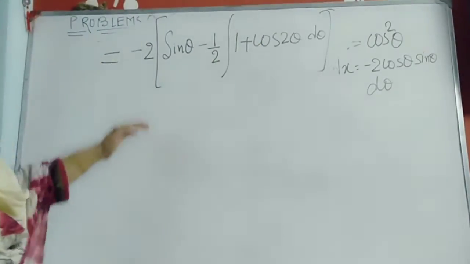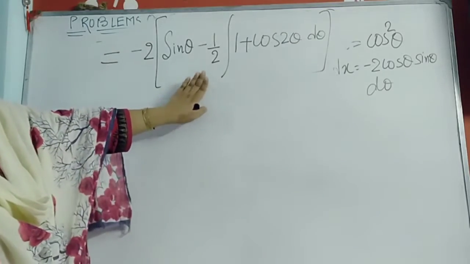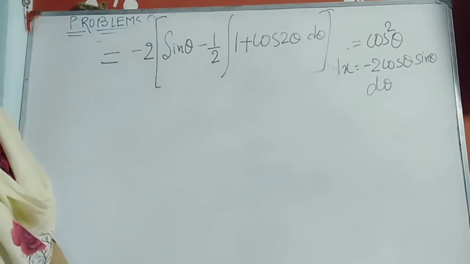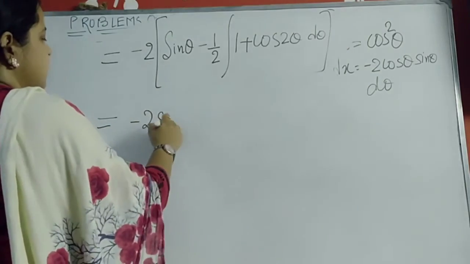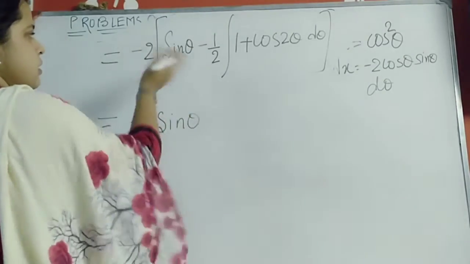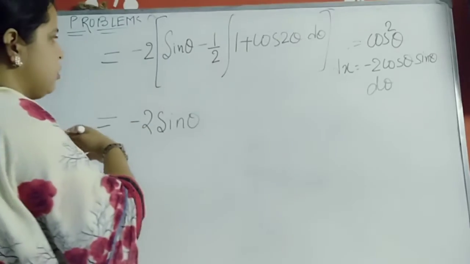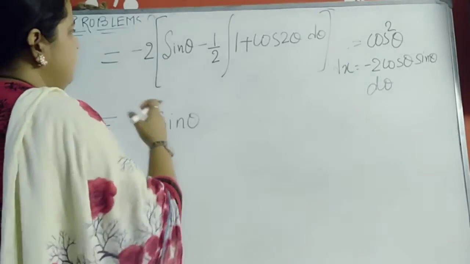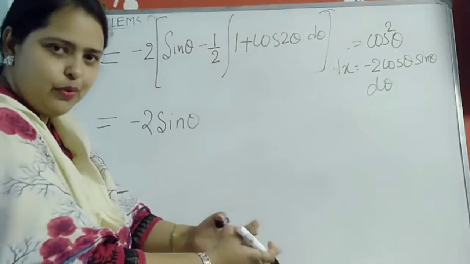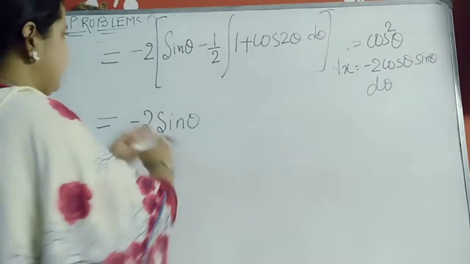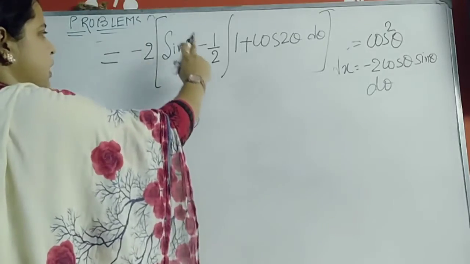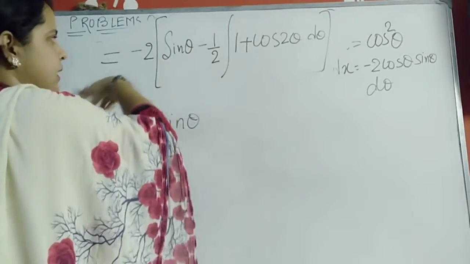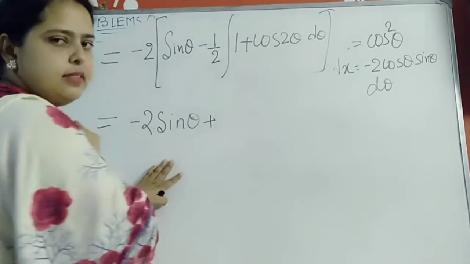Now please see where we have reached. Please multiply the 2 which is outside for such a long time, waiting to come inside. So let's move it inside. So minus 2 sin theta, correct? And this minus 2 and this part will cancel, and I'm going to get a plus here.